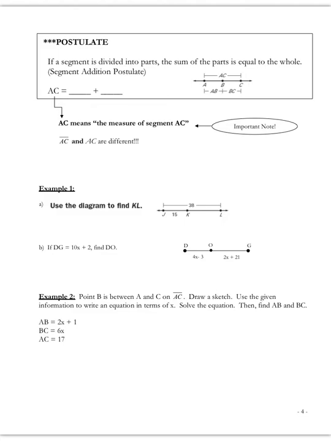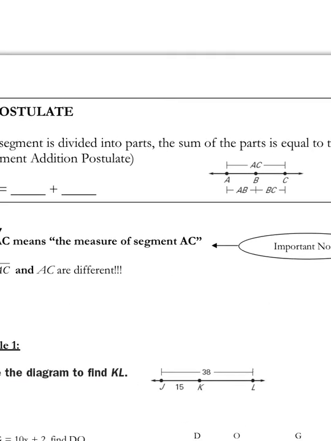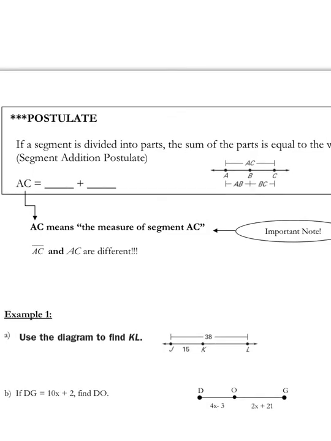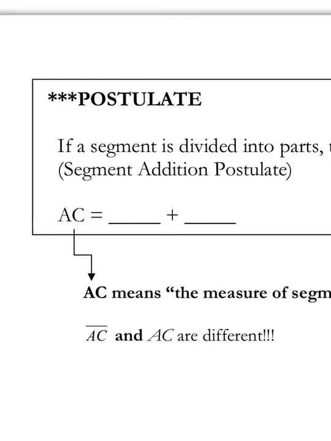Alright, so here's where the segment addition postulate comes in. And this kind of comes through a ton for really the rest of the year in geometry. So how I do this is I say it's a part plus the part equals the whole.